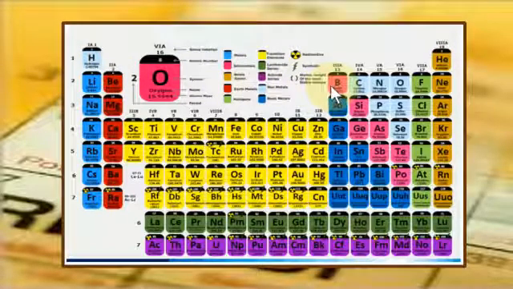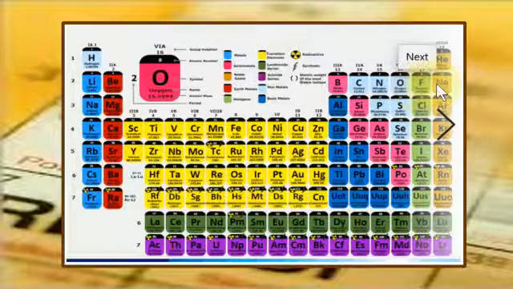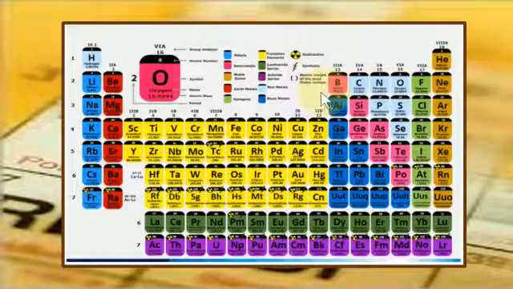Then the electron will jump after completing 2s2 and go into p, and which p? 2. 2s2, 2p1. 2s2, 2p2. 2s2, 2p3. 2s2, 2p4. 2s2, 2p5. 2s2, 2p6. So without knowing their atomic numbers, by looking at the position of an element in the periodic table, we can tell its valence shell configuration.